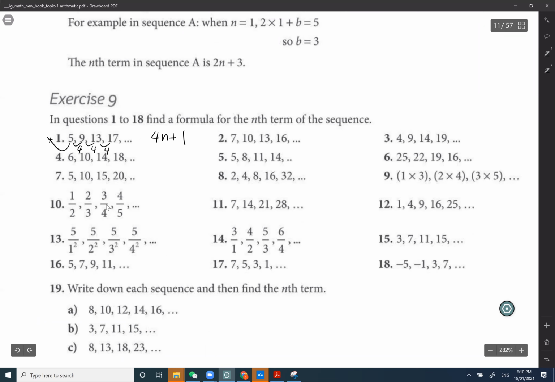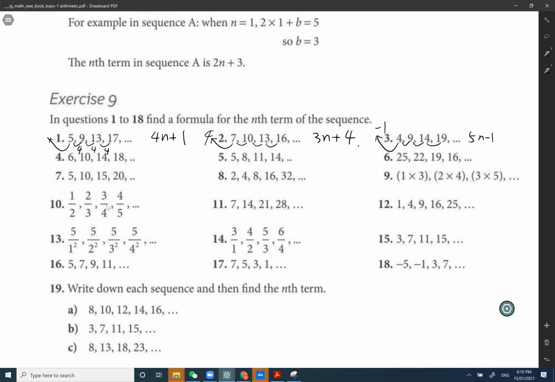Number 2, Mike, what's the difference? 3n. What's the previous one? Good, plus 4. Brandon, what's the difference here? 5, so 5n. What's the previous number? Excellent. -1.